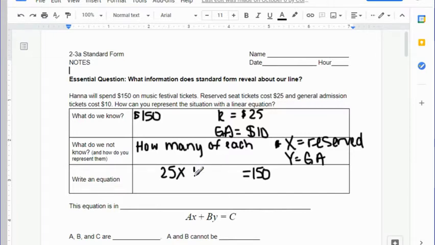We're going to add the general admission tickets that we're buying. We know those cost $10 each, and their letter is Y. This is standard form, where you have an X and a Y on the same side. And the whole point of it is because you have two things that cost different amounts. So this is what we're writing right here. This is standard form.